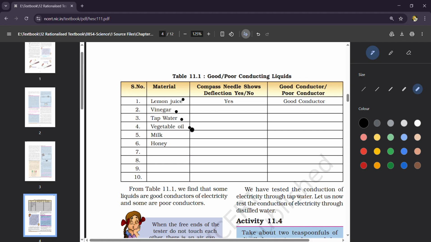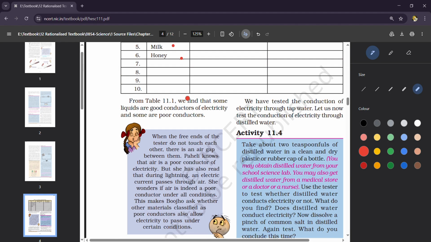Vegetable oil, no. Milk, no. Honey, no. As vinegar and lemon juice also conduct electricity, the main substances which conduct electricity in liquids are your acids, bases and salts. These conduct electricity.